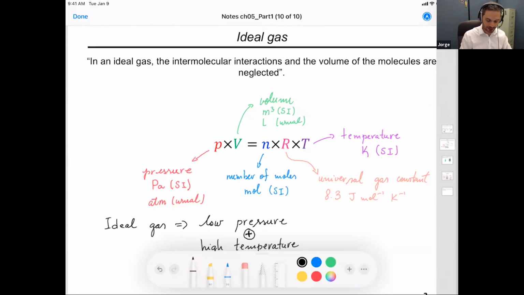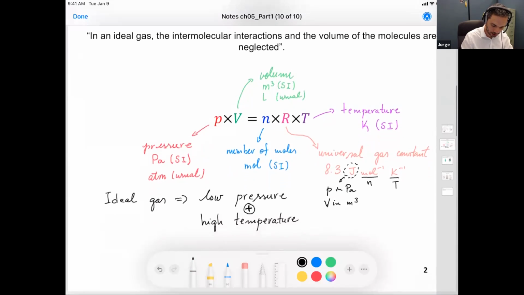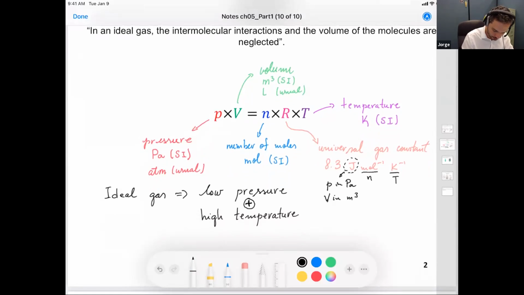When you see that 8.3 joules per mole per Kelvin, joules means that the pressure has to be in Pascal, and the volume has to be in cubic meters. Mole is going to be the units for number of moles, and Kelvin is going to be the unit for temperature, okay?